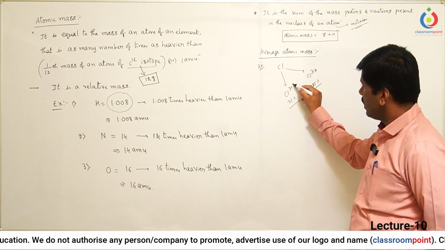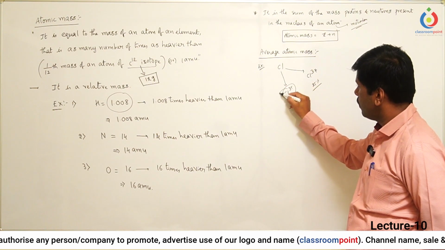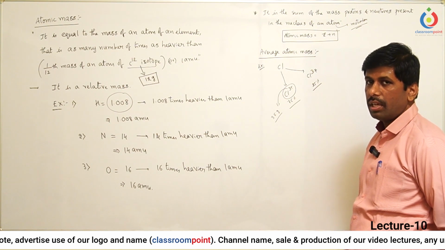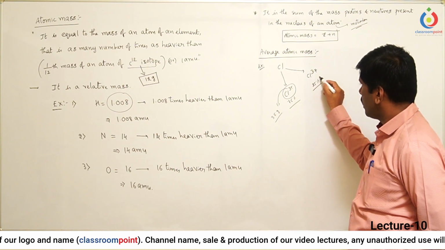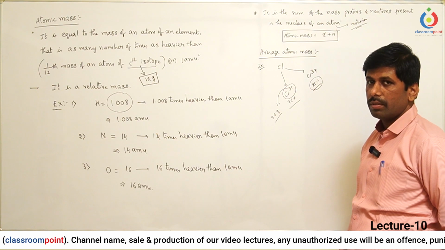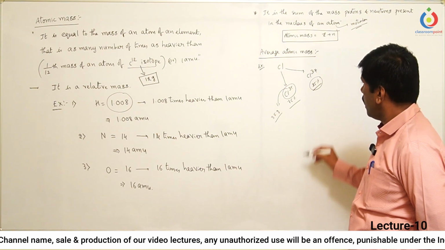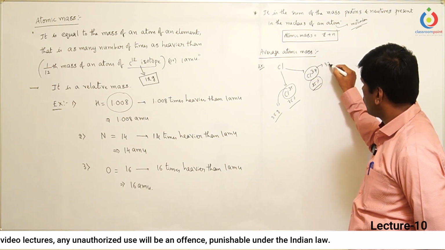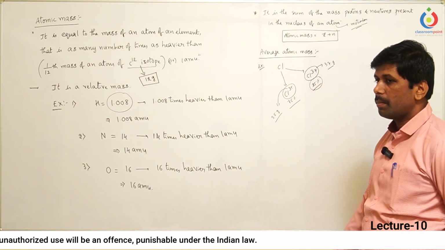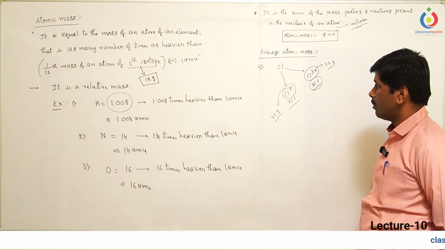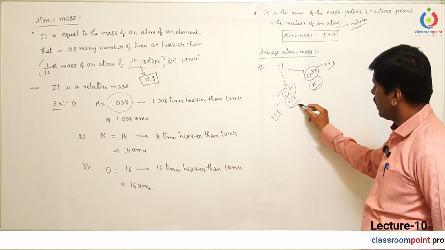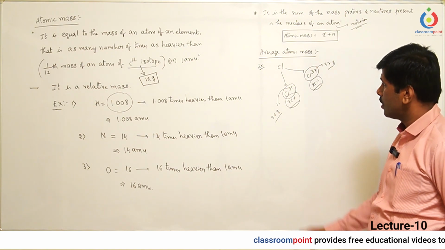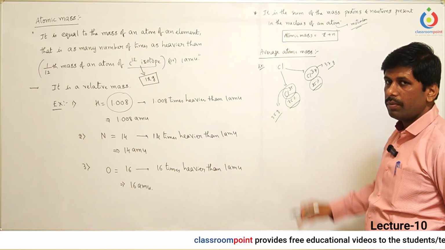If we consider the mass of chlorine 35 only, then the mass of chlorine could be only 35 grams. But you are neglecting almost 25% of the chlorine which is available in nature. And if we consider only chlorine 37, then the chlorine atomic mass could be called 37 grams. But in such cases, you are neglecting the majority percentage of the chlorine available in nature. So we need to consider both of these values.